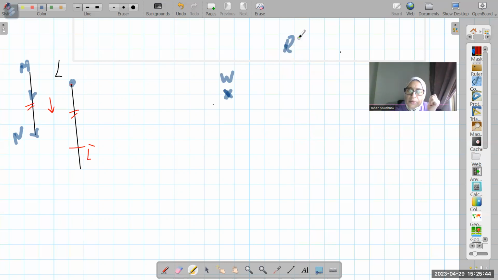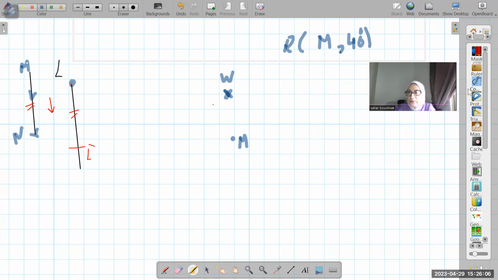So I will rotate it on M. Let's say this is M, and a 40-degree angle. Remember, positive will be anti-clockwise. Negative will be clockwise.